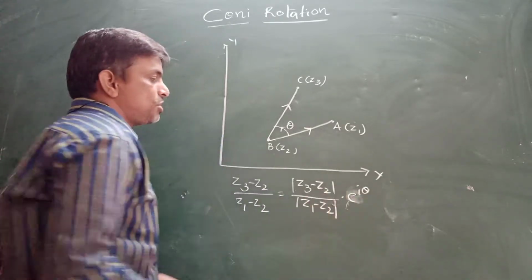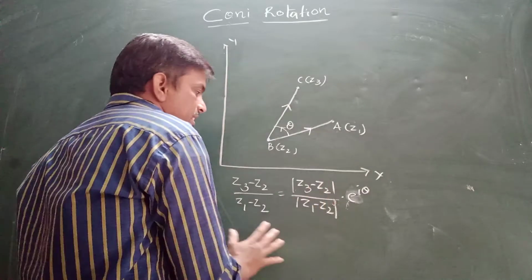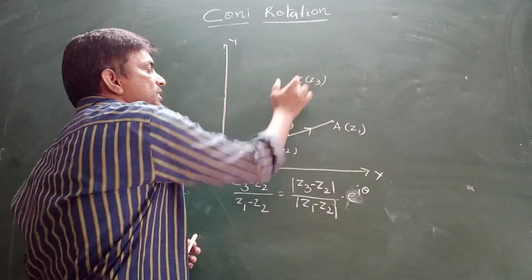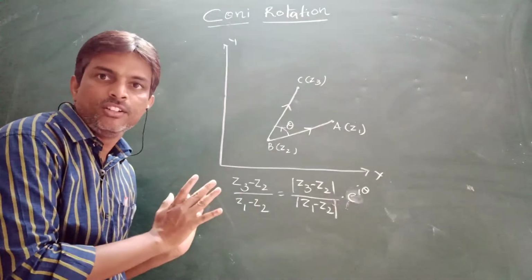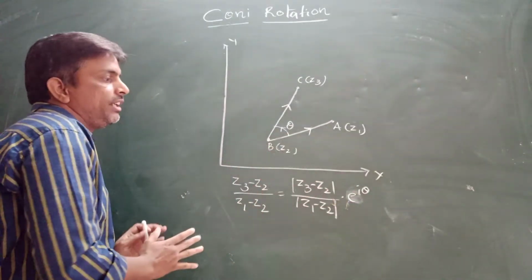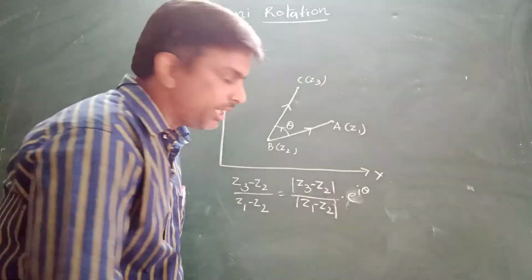So this is the relation connecting Z1, Z2, Z3 and theta. Is it clear? Now I am using this information in solving different sums.